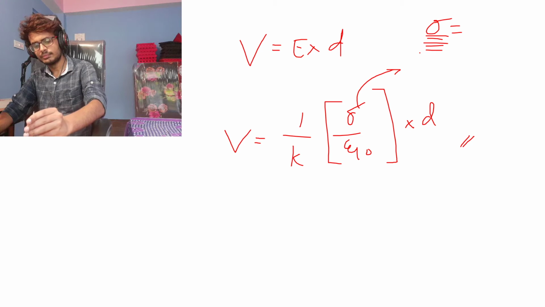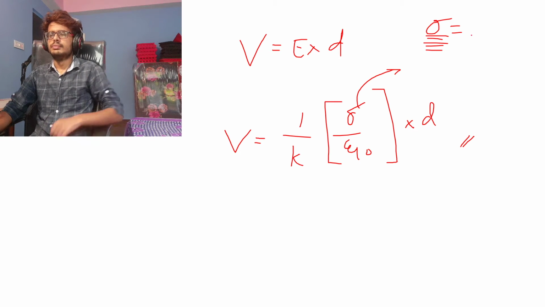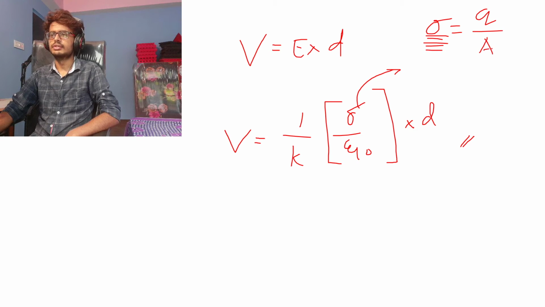Aditya, can you hear me? I think disconnected. Okay. So surface charge density means charge per unit area. So how much charge is there in a particular area. So that is surface charge density.